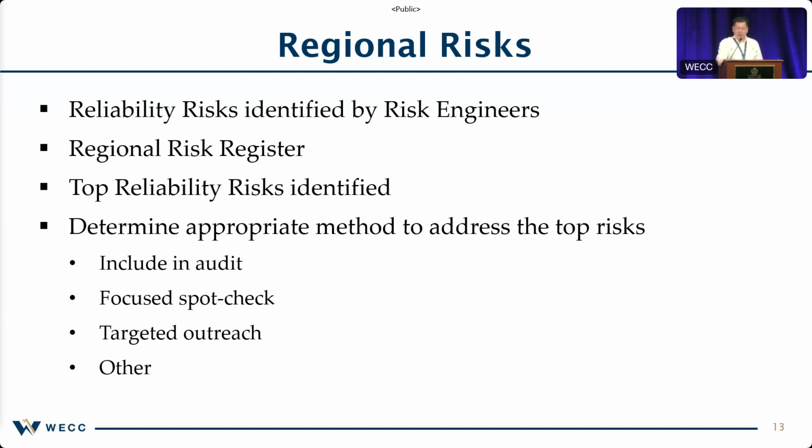So as mentioned yesterday, the risk engineers have been assigned entities. And the assignments were based on corporate affiliations and entity types. The entity types, such as wind, solar, conventional generation, municipalities, investor-owned utilities, things like that.